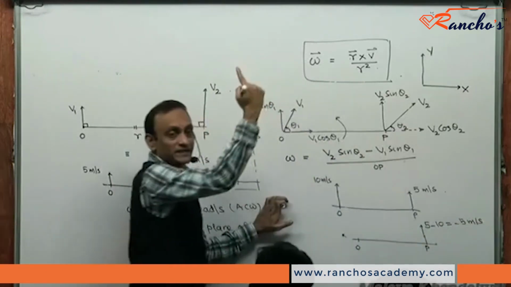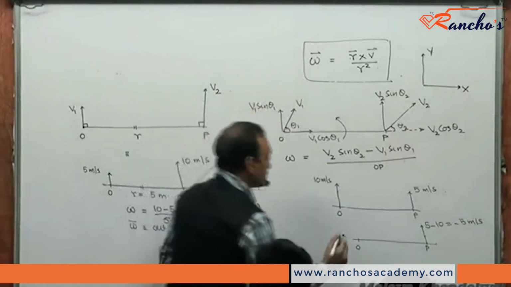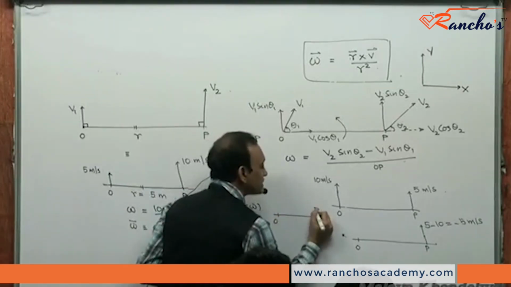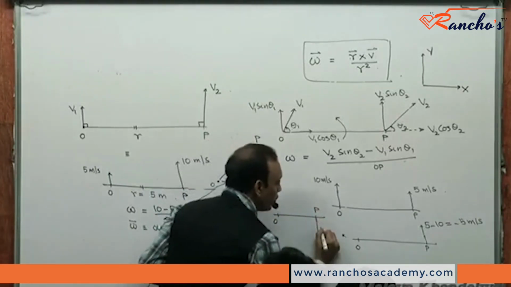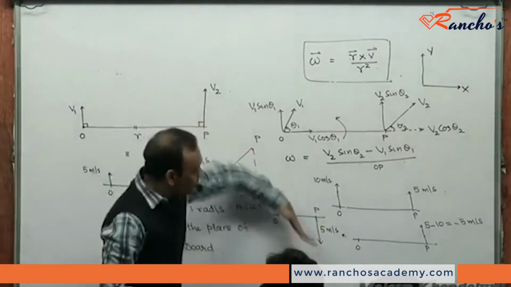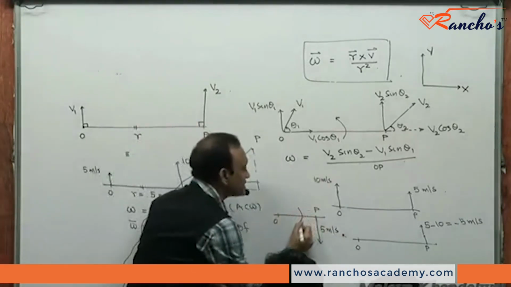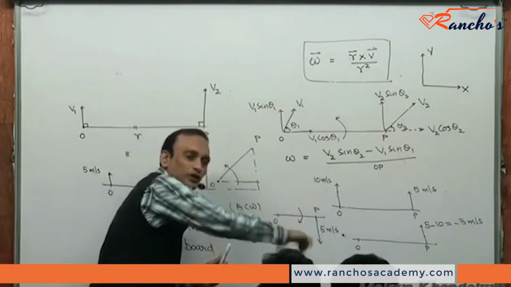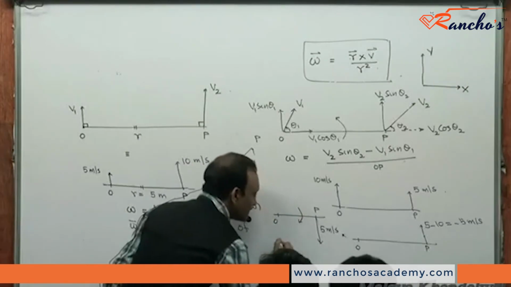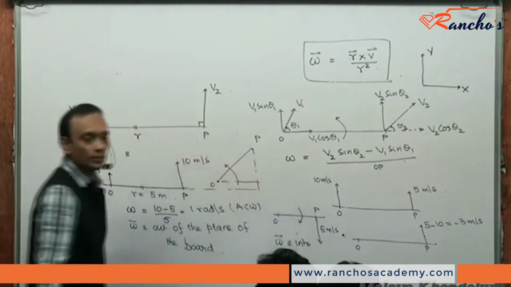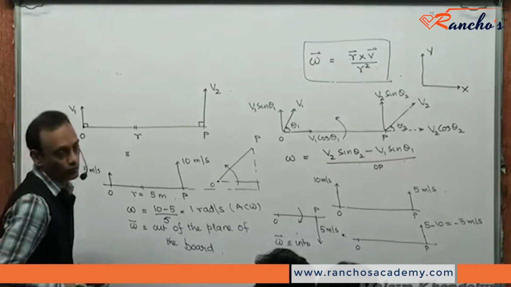Minus 5 upwards is like 5 downwards. That means effectively, if O is like this, P is like this, it's as if P as seen by O has a velocity 5 meters per second this way. That means OP is getting reoriented in this sense, clockwise, and in this case omega would be into the plane of the board. Into the plane of the board. Yes or no? Right?